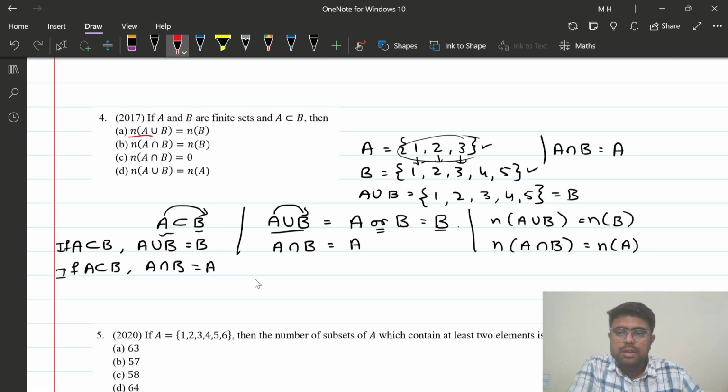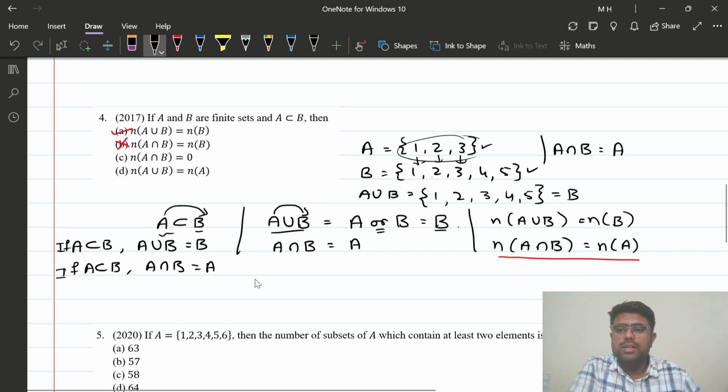The number of elements in A union B is equal to the number of elements in B. So it has to be true. So option A is right, but I'll also check with the other options. N of A intersection B is equal to N of B, which is wrong. N of A intersection B is equal to N of A, so therefore it is wrong, right? And N of A intersection B is a null set. No, A is a subset of B, so there has to be at least one element belonging there.